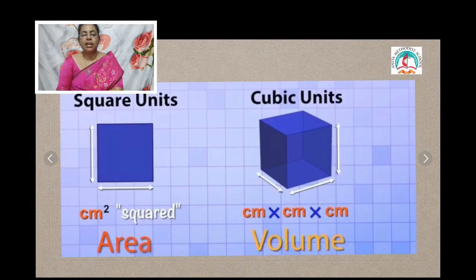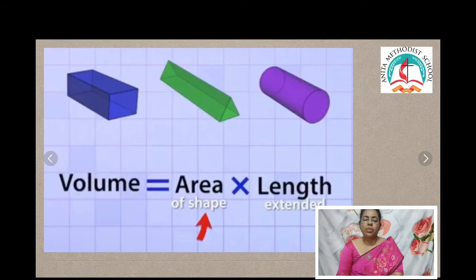In area it is centimeter into centimeter, that is centimeter square. In volume it is centimeter into centimeter into centimeter, that is length into breadth into height. That will give you the volume. So what is volume? It is nothing but the area of the shape into the length extended.